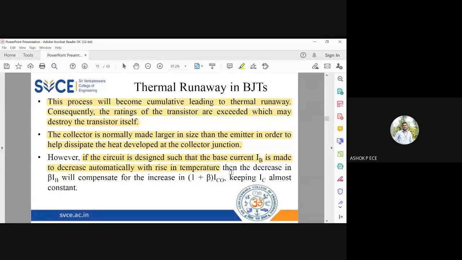In that way, intelligently, I can ensure that the collector current is almost the same. My Q point is initially in the middle. Because of the rise in temperature, the Q point will slightly move up. But since I am reducing my base current, the Q point will move down again and come back to its original location. So the Q point location is not altered.